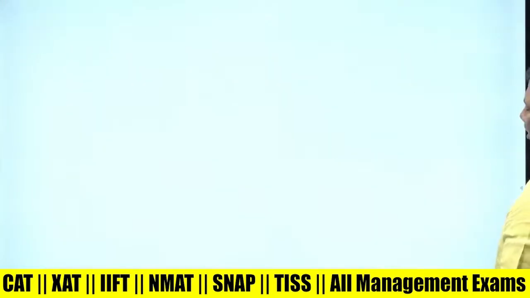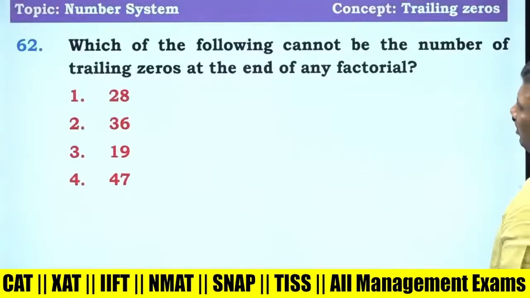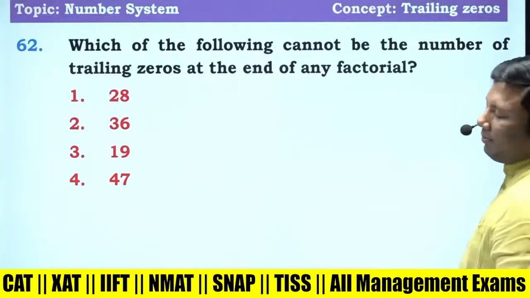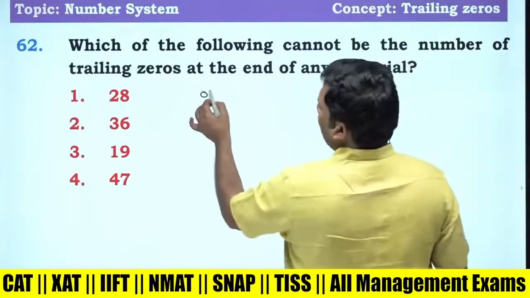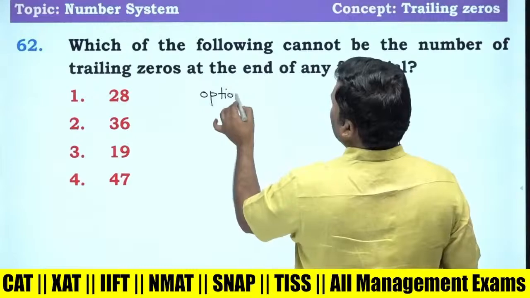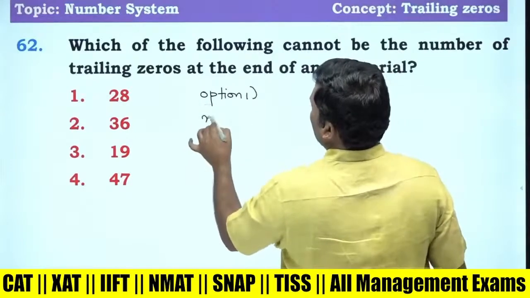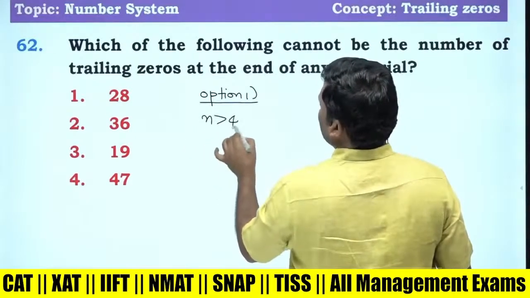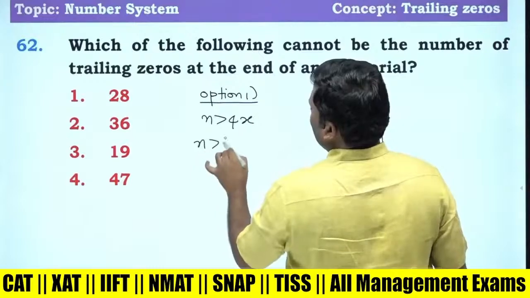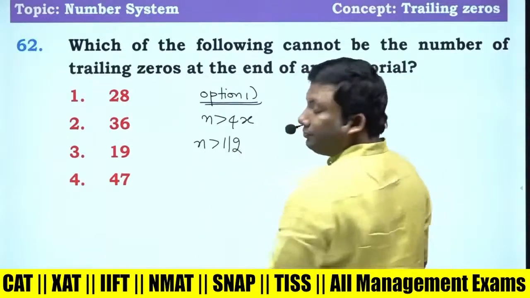Yes. Then 62. Which of the following cannot be the number of trailing zeros? It is just by using answer options. Option 1: N is greater than 4x, so N is greater than 112.